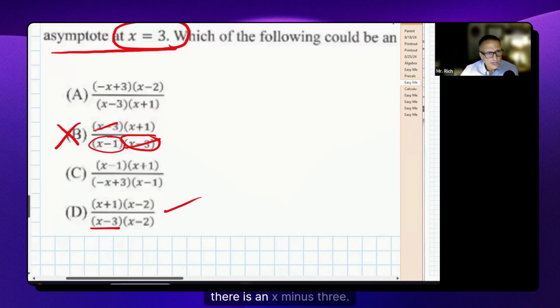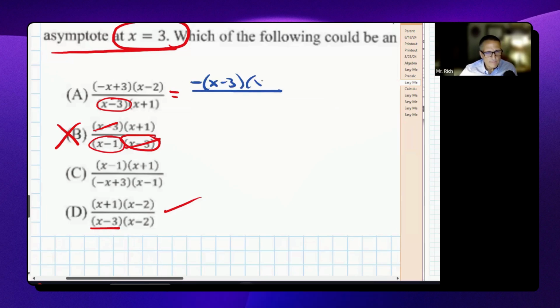Over here, there is an x minus 3. When you first glance, you say, well, it doesn't really get canceled by any factor in the numerator. But actually, it does, because I can rewrite that numerator by pulling out a negative out of this, and that would become x minus 3, x minus 2, and this is x minus 3 times x plus 1.